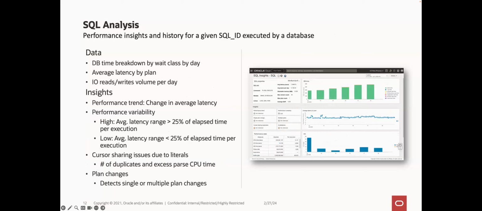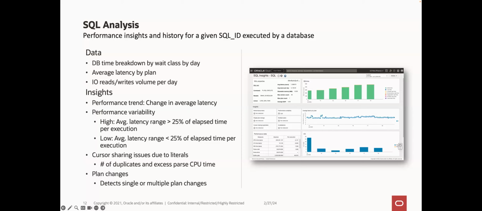Lastly, as part of this 3 series dashboard, we have what we call the SQL analysis dashboard. This one presents detailed insights and historical performance data for a given SQL per database, right? Performance measures include average latency, total database time, parsing activity, IO, and more.